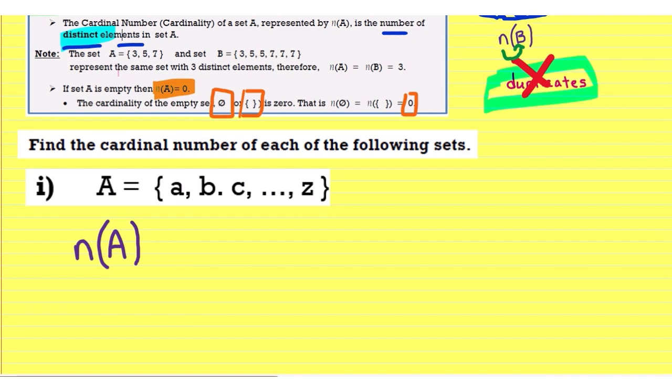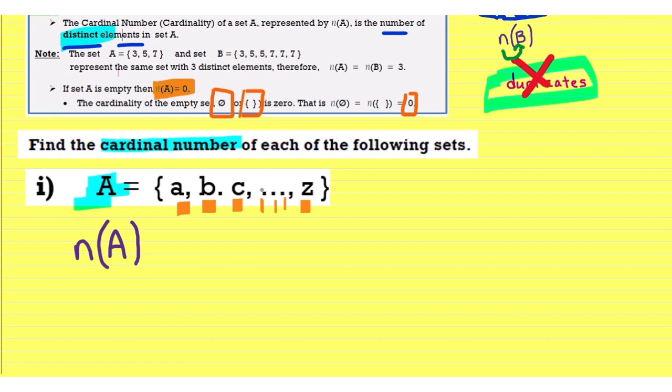Okay. So our first question down here wants to know cardinal number. And we want the cardinal number that also is the same thing as saying what is the cardinality of the set. We have that set A is equal to A, B, C, ellipsis, Z. The ellipsis just means that the list is going to continue as it starts.